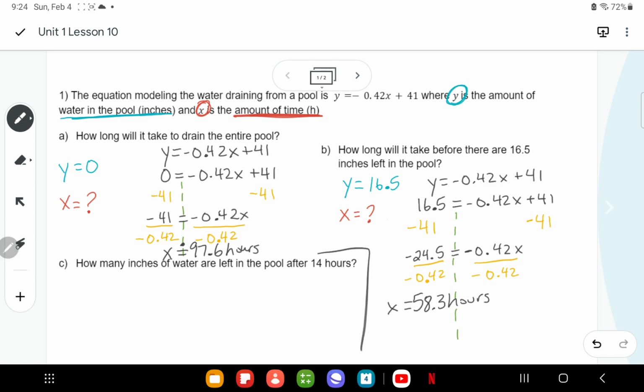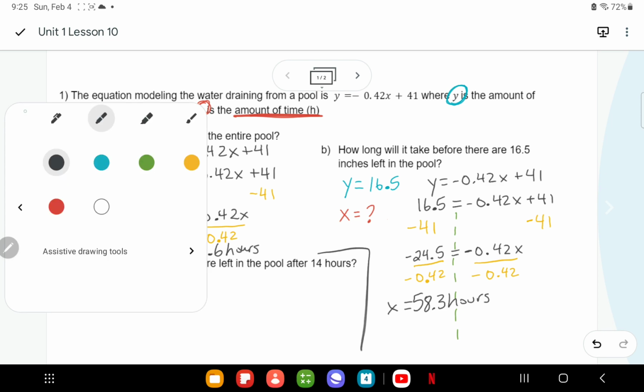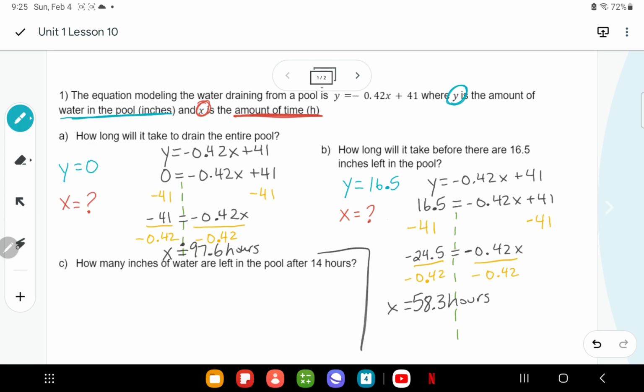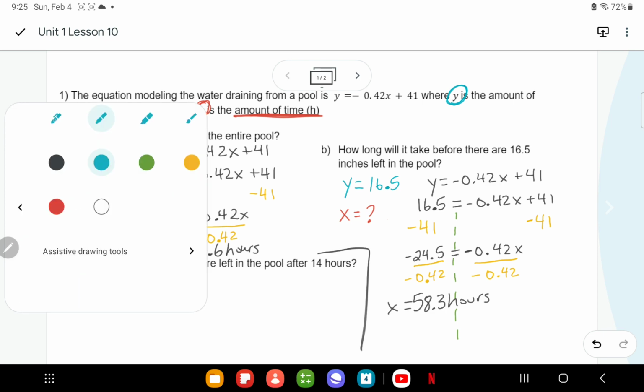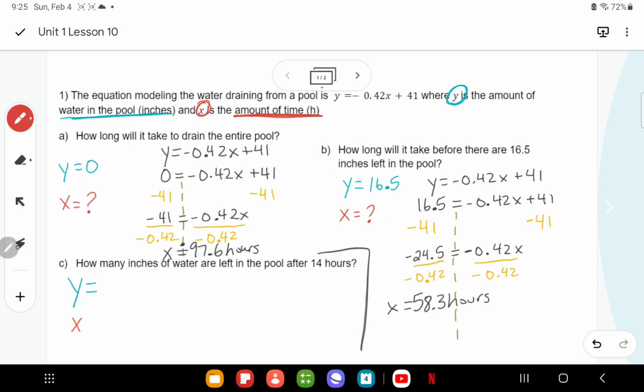Okay. The last one says, how many inches of water are there left in the pool after 14 hours? So remember that y is the amount of water and x is the amount of time in hours. This is saying 14 hours. That tells me that is my x. And now the y is my question mark.